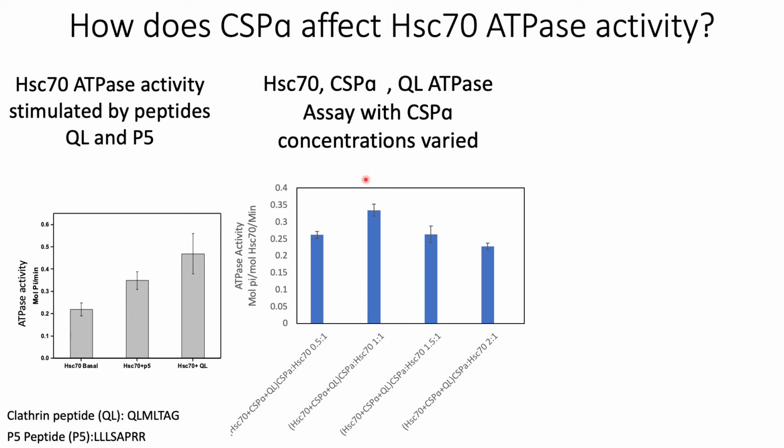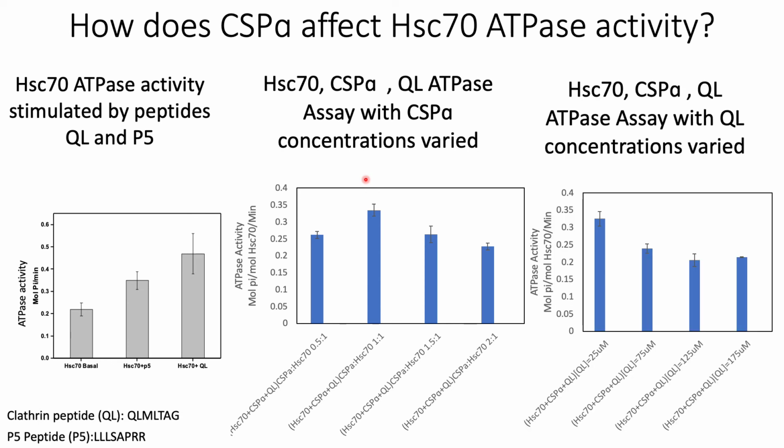After that, I looked at a sort of phenomenon where with a very high CSP alpha to HSC70 ratio, like a 1-to-1 ratio, and very high peptide, which people usually use at least a 50-fold excess, there starts to be a slight inhibitory effect, which can be seen here, and it's not completely understood why.